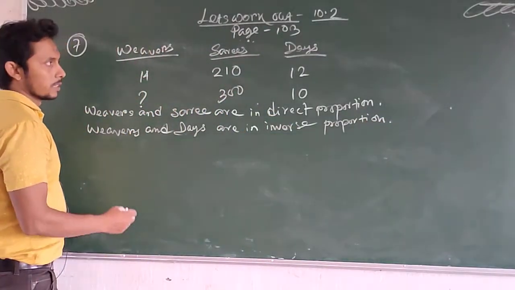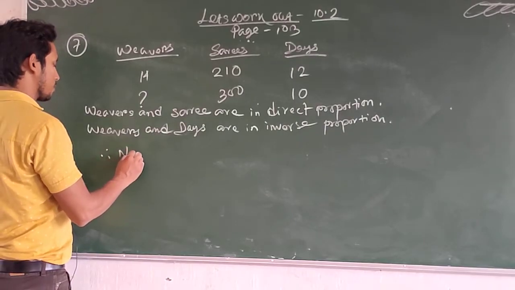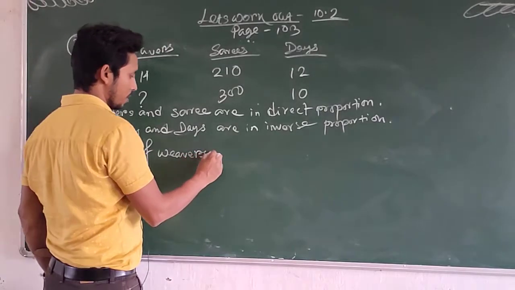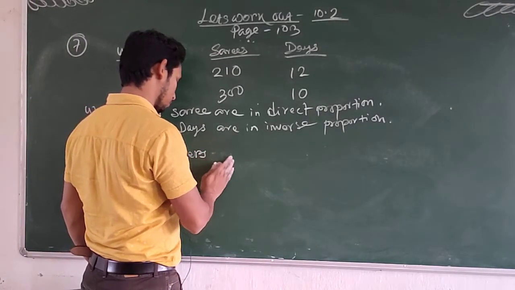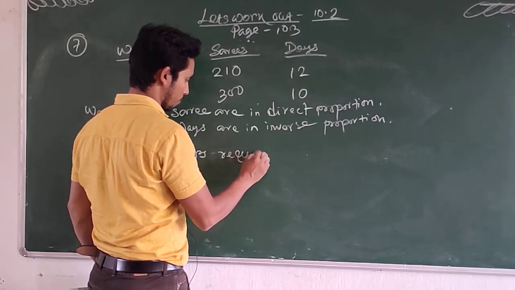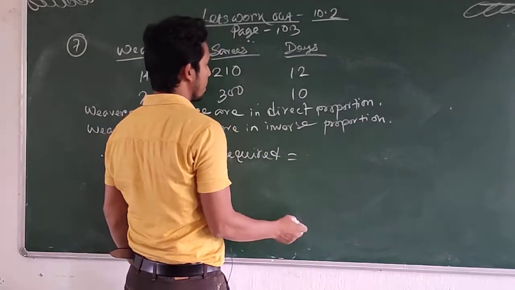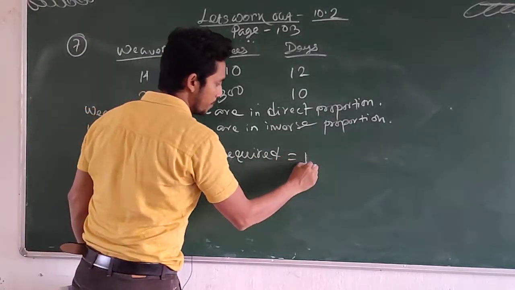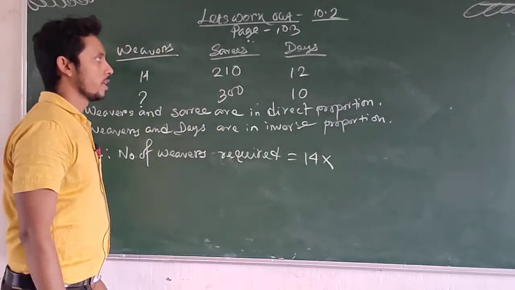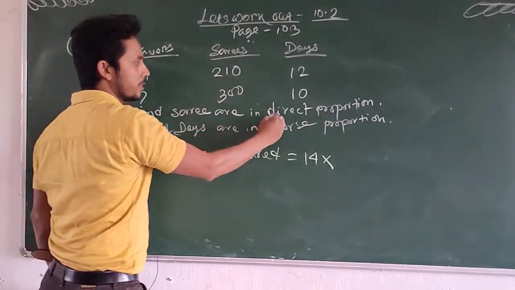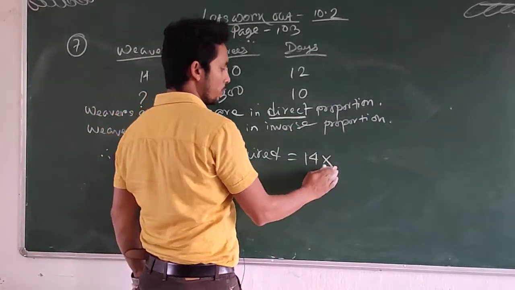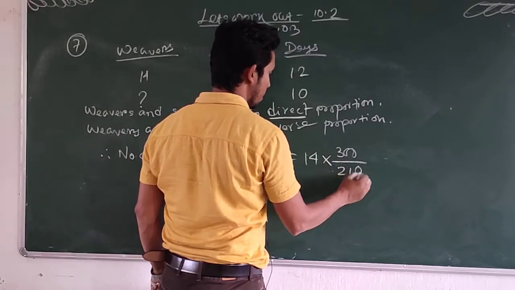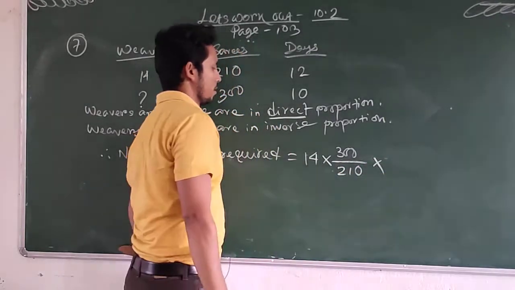Clear? Now the number of weavers required. This is what we need to find. So 14 multiplied, here weaver and sari are in direct relation, so it will be interchanged: 300 up and 210 down.